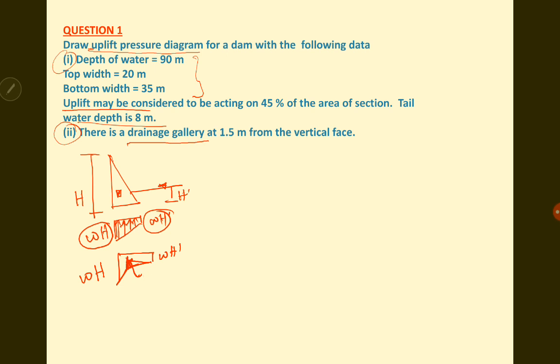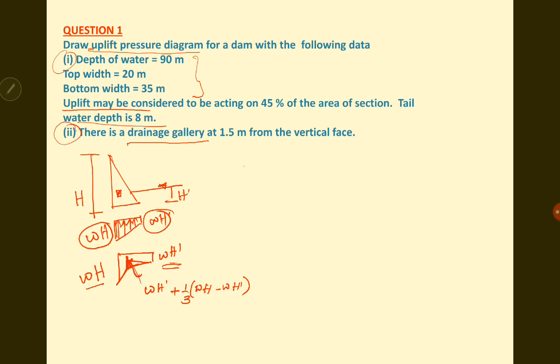So this ordinate will be equal to W into H dash, that is the hydrostatic pressure at the toe, plus 1/3 of the difference between the hydrostatic pressure at the heel and the toe, that is 1/3 of (WH minus WH dash). So this is the value at the drainage gallery.